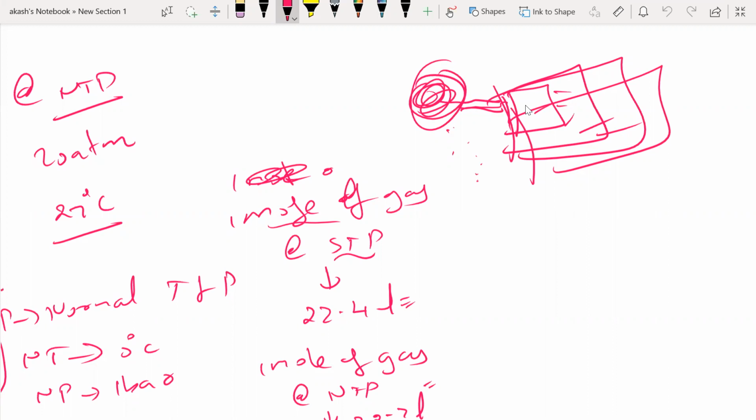If I calculate further, the answer is going to come. The answer is going to come, but the data are not clear. Liters at NTP.